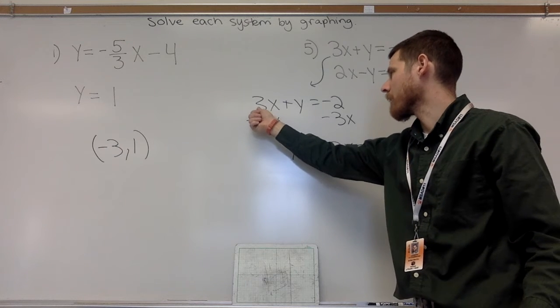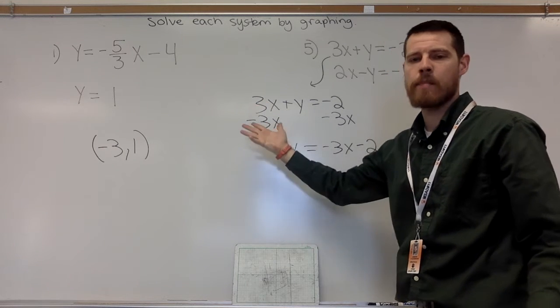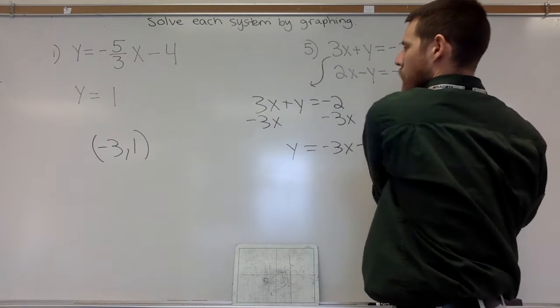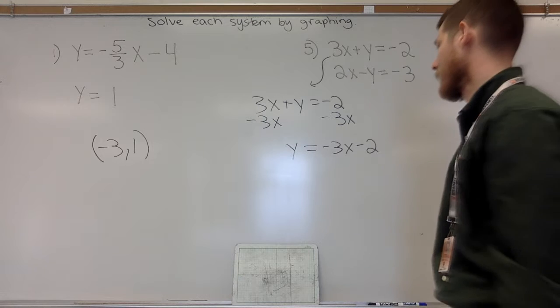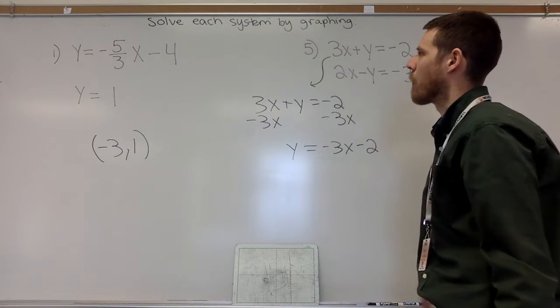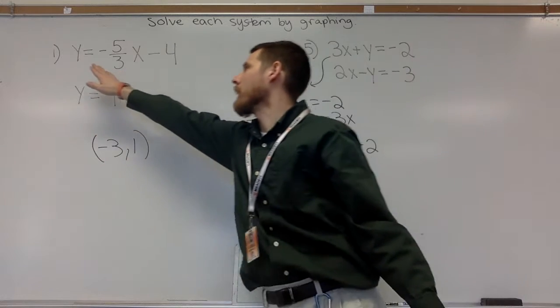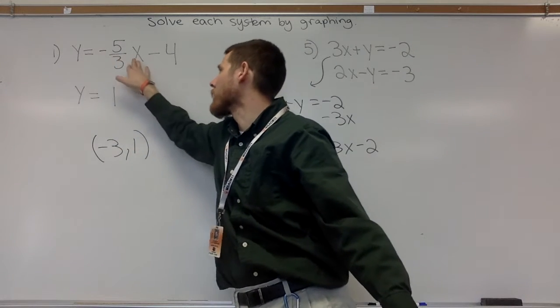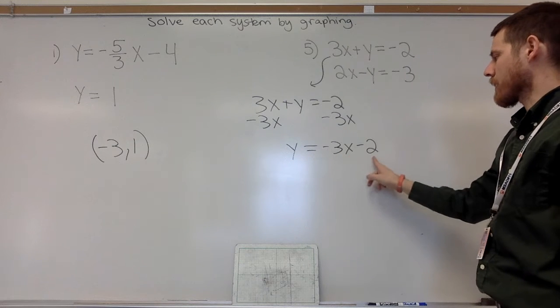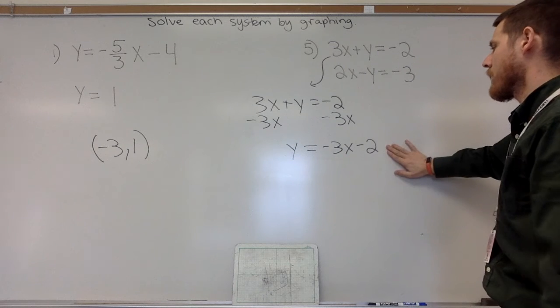So if I wanted to get rid of just the 3, then I'd be using division. But I want to get rid of the entire thing, so I'm going to use subtraction to do it. Notice I've just written it in the form I want. I want my lines always to look like this, y equals mx and a number. Now I have y equals x and a number. So this line's ready to graph.